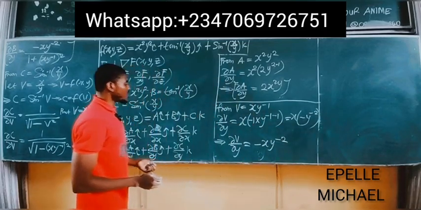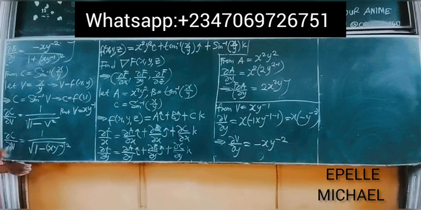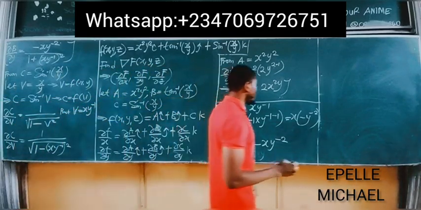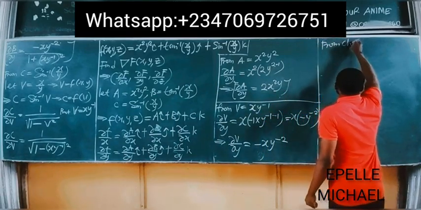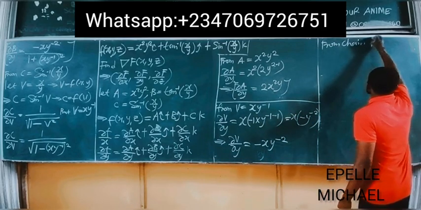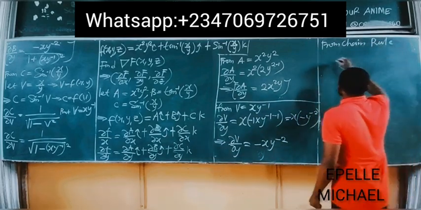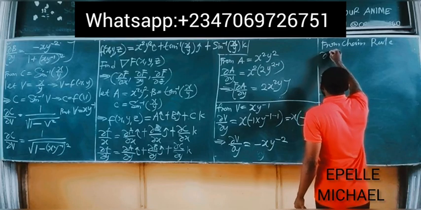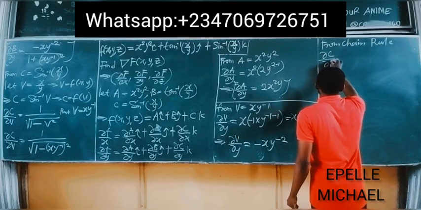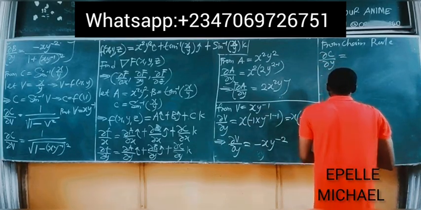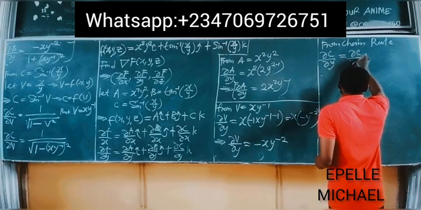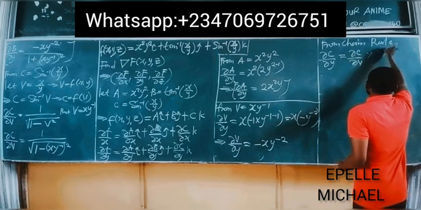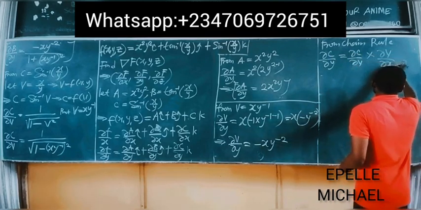So having known partial v, partial y, and we know partial c, partial v, we can now employ simply the chain rule to solve. So from the chain rule, we can obtain the partial derivative of c with respect to y as simply the multiple of those two derivatives, partial c over partial v multiplied by partial v over partial y.